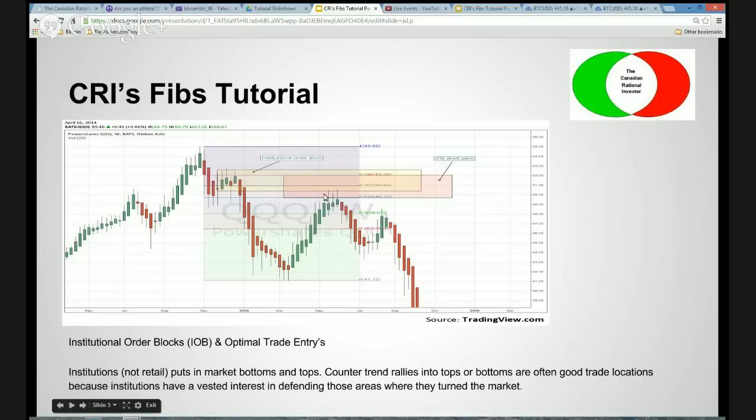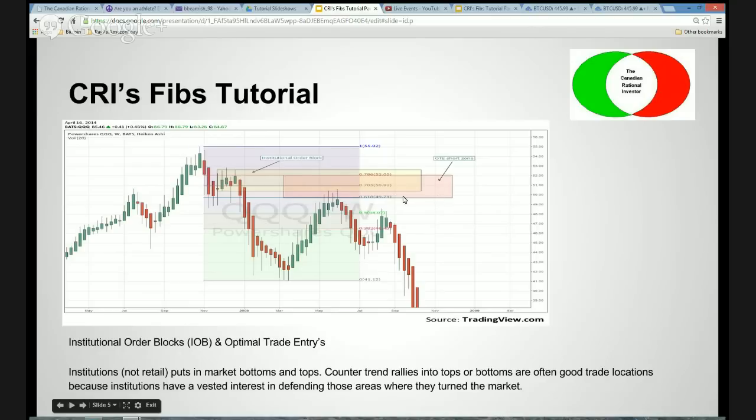So clearly you can see that once we got into this OTE zone, institutions said, all right, time to short, let's knock this thing back down. It took several weeks of that selling to ultimately end this sort of bullish enthusiasm, and we rolled back over, and sure enough, this institutional order block level was defended, and it just so happened to be right into an OTE zone.